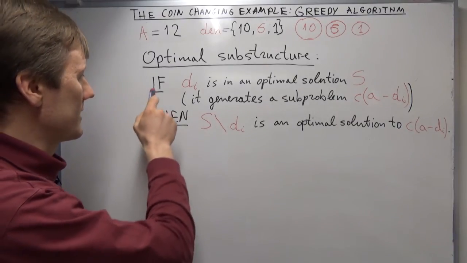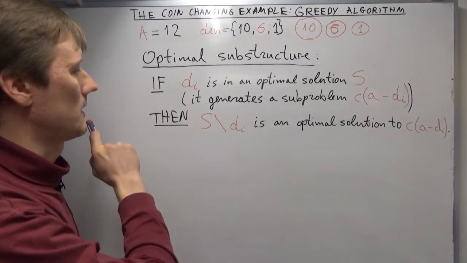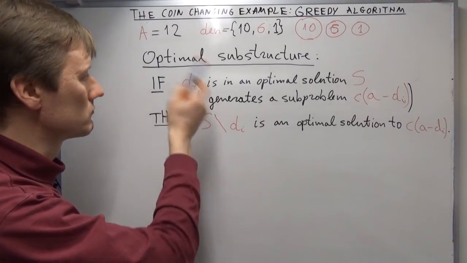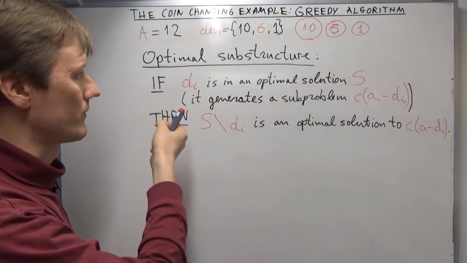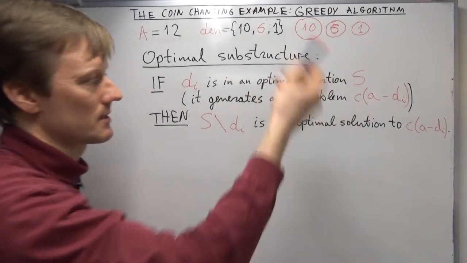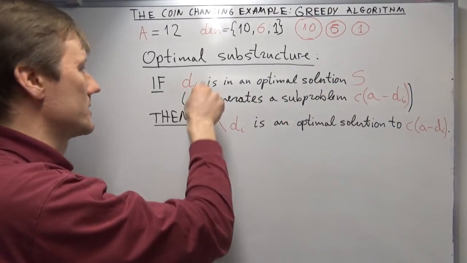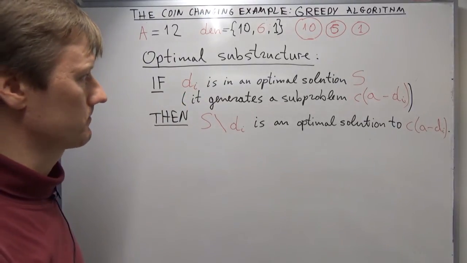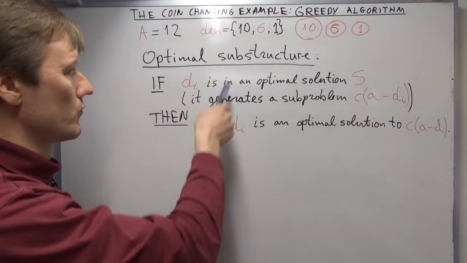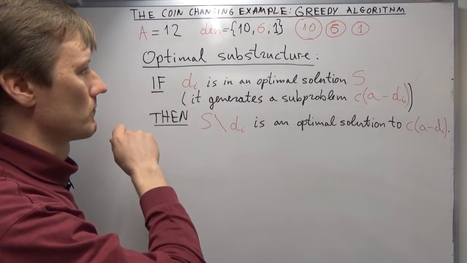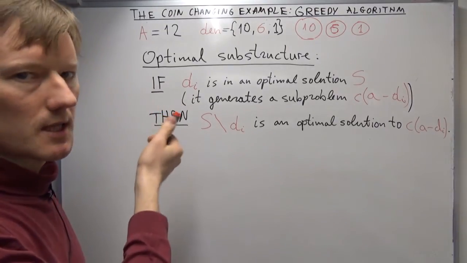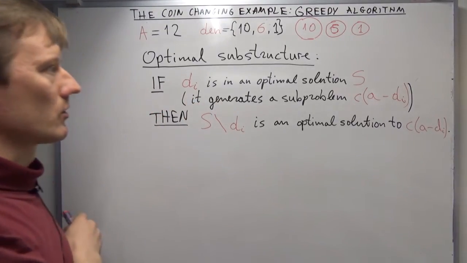We have to show that if d_i, some choice, in this case a choice of a coin, is in an optimal solution S, so there is some optimal solution S where this is actually part of it. In a greedy algorithm, we know which choice to make. In a dynamic programming algorithm, we look through all the possible choices.